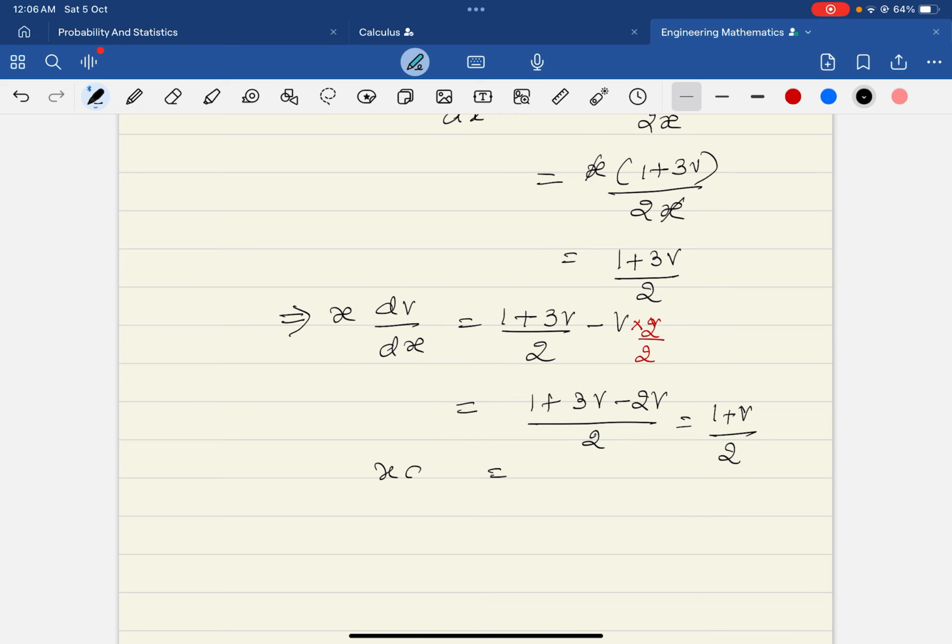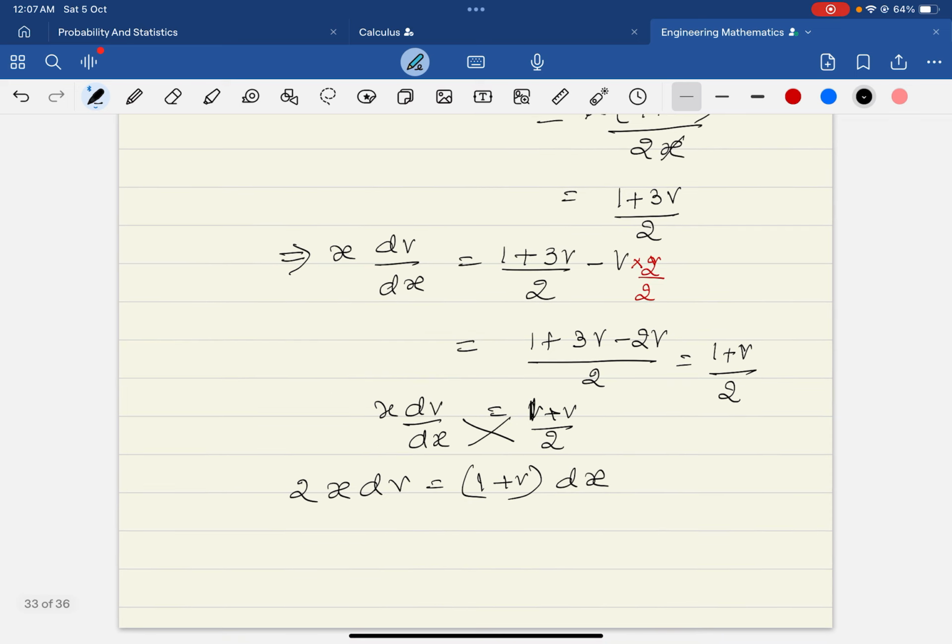Now let us do the cross multiplication. That is x dv by dx, we got it as 1 plus v by 2. So let us do the cross multiplication. I'll write 2x dv is equal to 1 plus v dx.